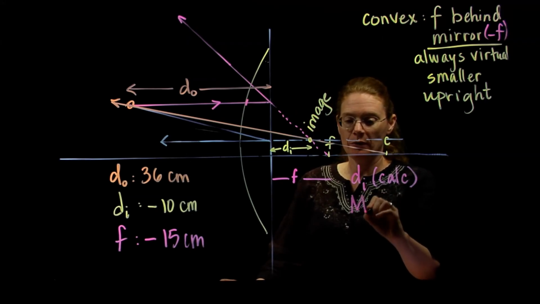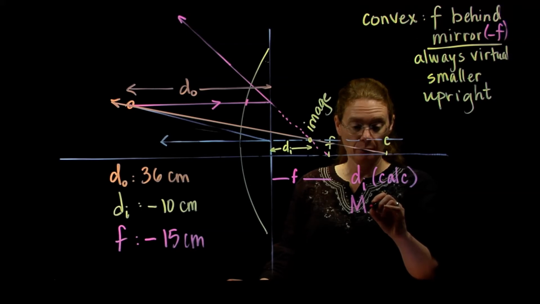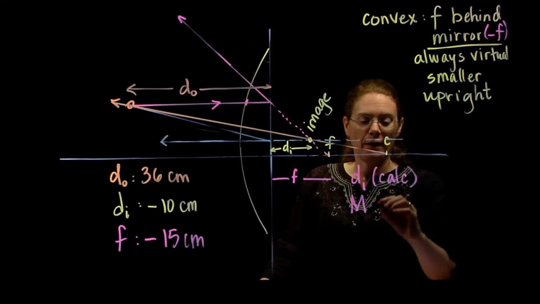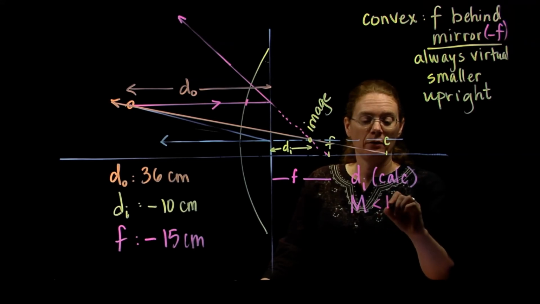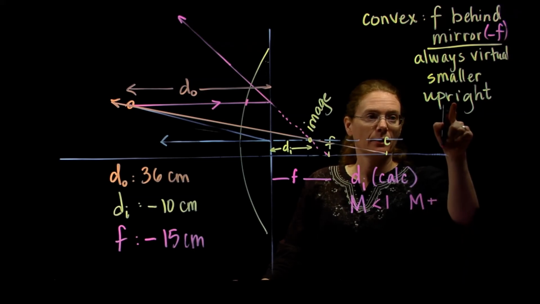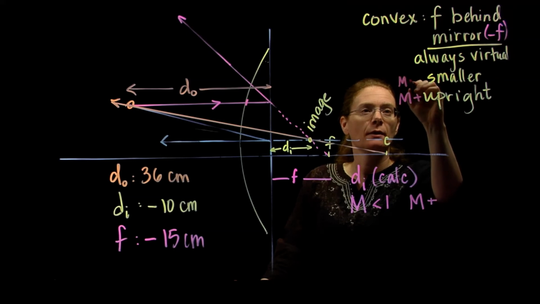Then we can use DI and DO to come up with our magnification factor. And now magnification, it's smaller and upright. So I'm guessing it's going to be less than 1, and it's going to be positive. Upright tells me magnification positive. Smaller tells me less than 1.